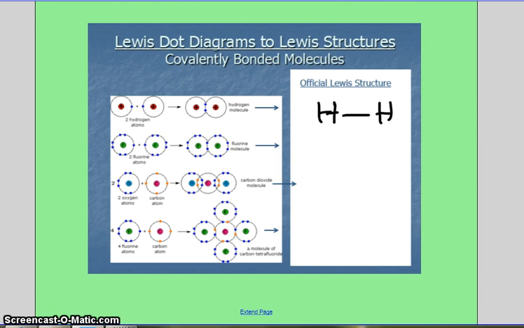For hydrogen, with each one coming in, we have only one line and our 2 electrons represented. For the next one, we would have the fluorine, which would have 7 and 7. Again, a single unpaired electron on each side represents a place I can share that pair.